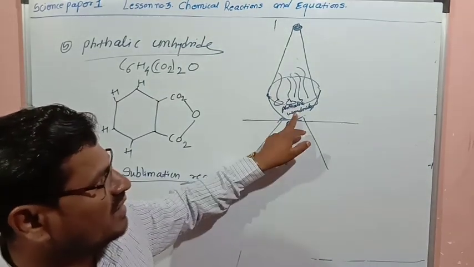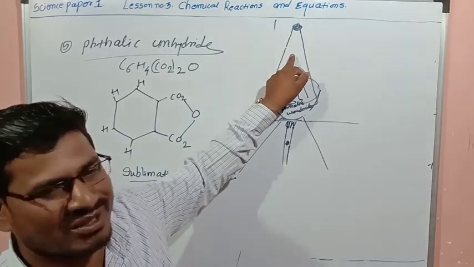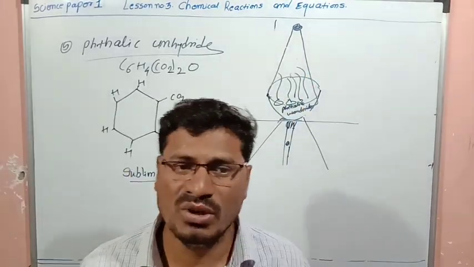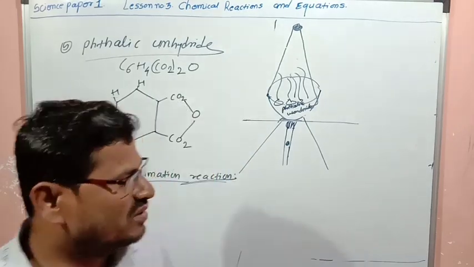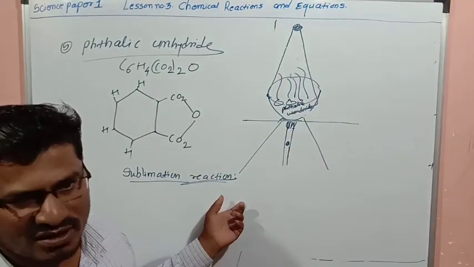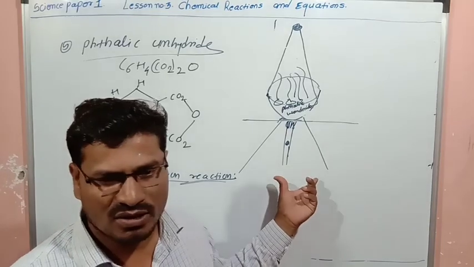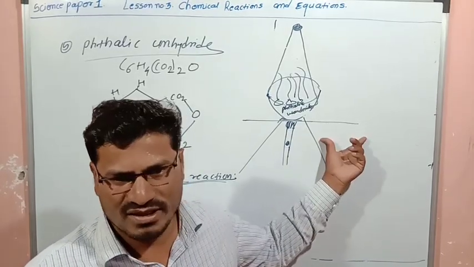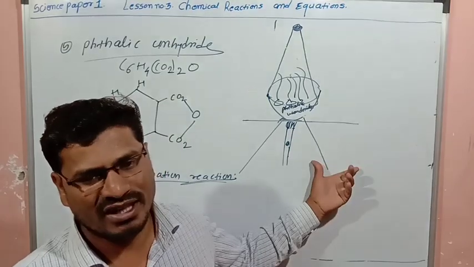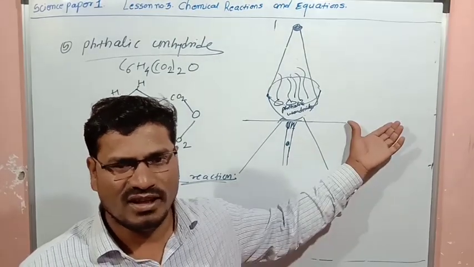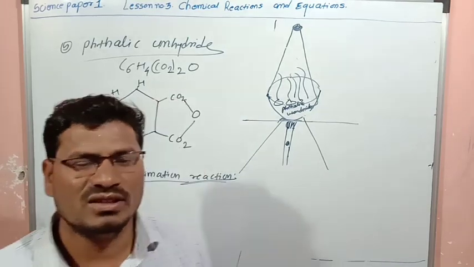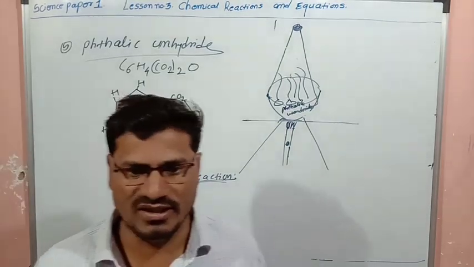So in this, phthalic anhydride will get converted into vapors, and after condensation it will get converted into solid. In this, no color change is there, no new substance is formed. Temperature change is there if you are heating. And the last one is that this is a physical change.